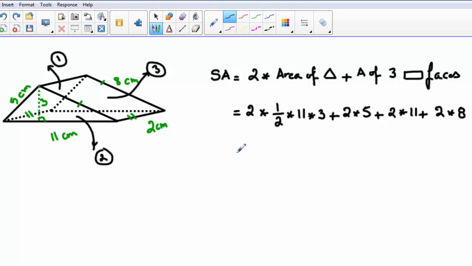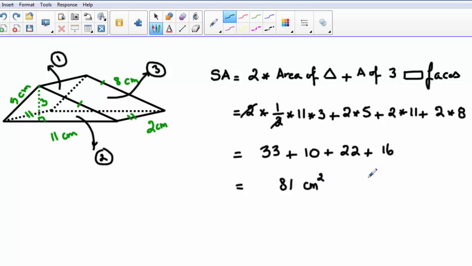Now, if I need to continue the calculation, I can simplify 2 with 2. 11 by 3 is 33, plus 2 by 5 is 10, 2 by 11 is 22, and 2 by 8 is 16. I can add all the ones together: 6 and 2 is 8, 8 and 3 is 11, 1 and 1 is 2, 1 and 2 is 3, and I have 1, it's 4, 5, 6, 7, 8, 81 centimeter square.